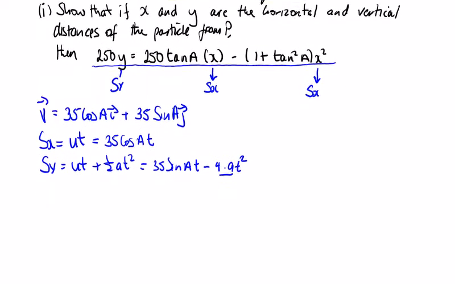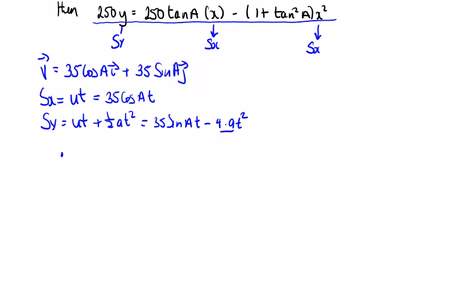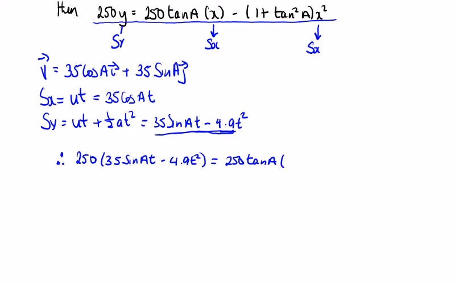Okay, let's put these values into this equation. So we're going to get 250 times the displacement in y. So that 250 will multiply by the 4.9 and should get rid of the decimal. So 35 sine alpha times t minus 4.9 t squared. That would have to be equal to 250 tan A times 35 cos alpha times t.